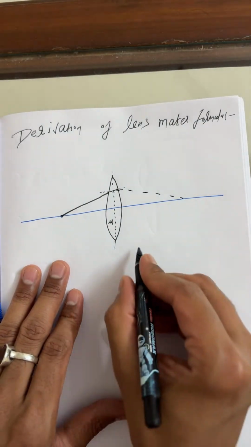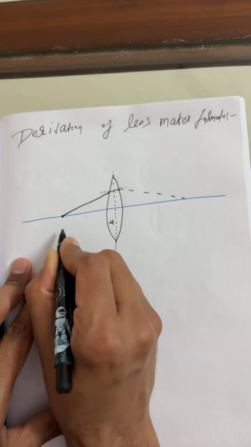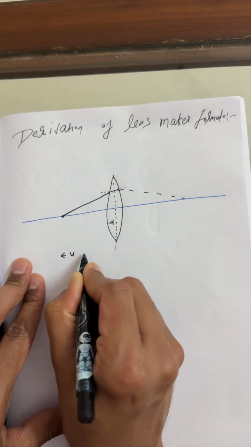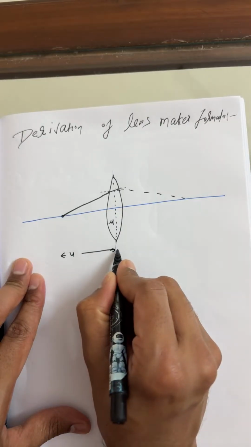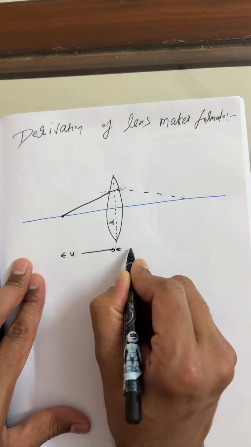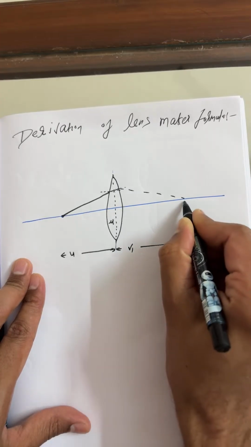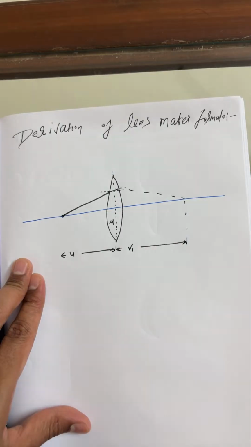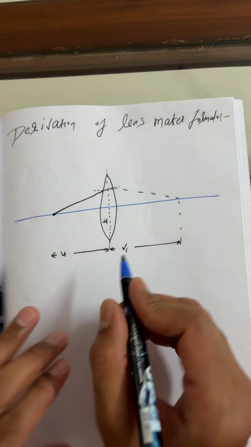Okay. So let us see the object distance, students. This is u. This is the first refraction. So let us say this is V1, right? Okay, fine.